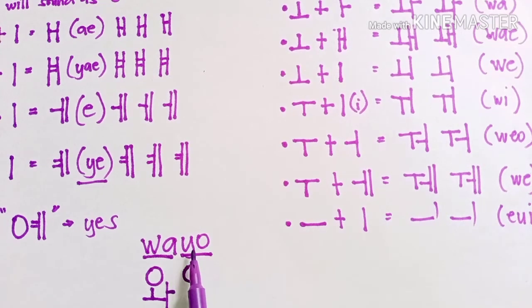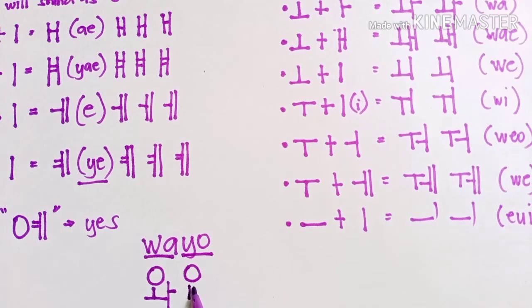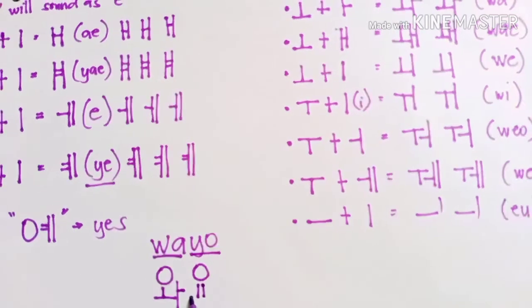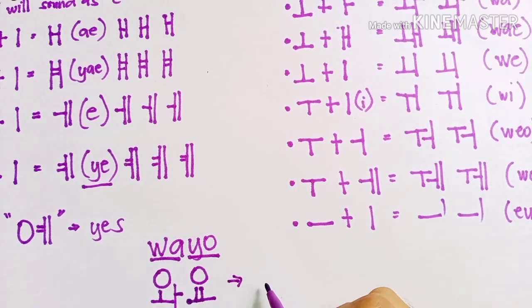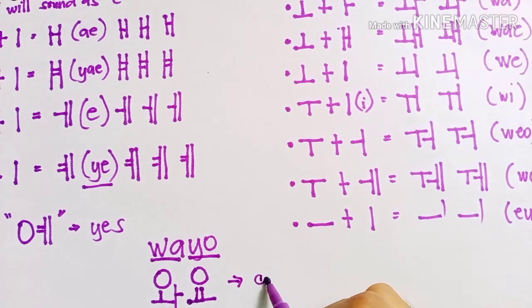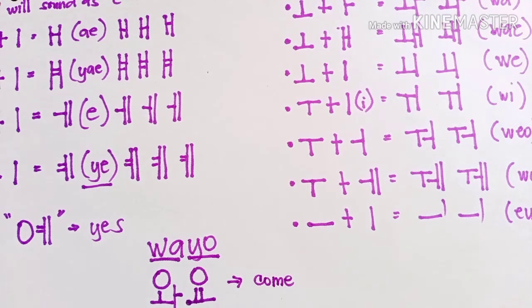Do you remember what the vowel yo looks like? It's like this, yo. So when you read that, wa yo, it means come in Korean.